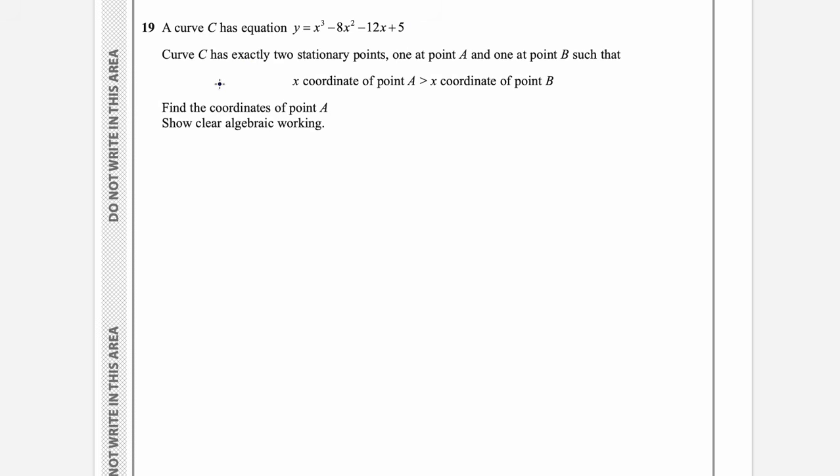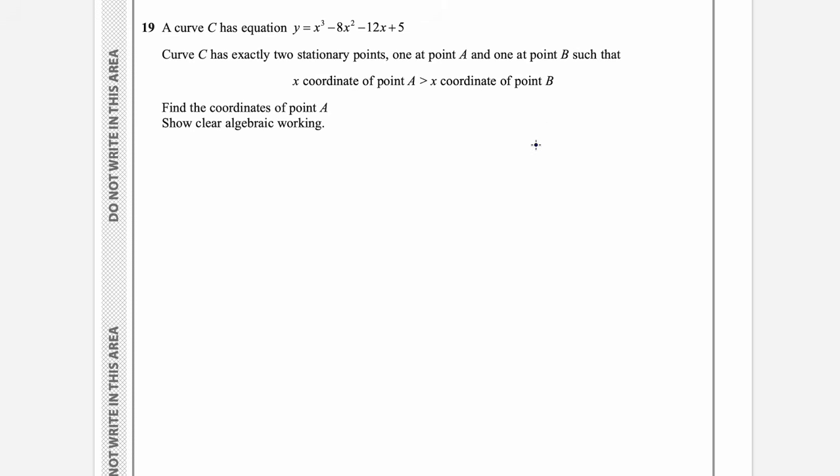Okay. 19. Curve C has equation. This curve C has exactly two stationary points, one at point A and one at point B, such that the x-coordinate of point A is greater than the x-coordinate of point B. Find the coordinates of point A. Okay, so first thing to note, guys, is that this is a cubic.